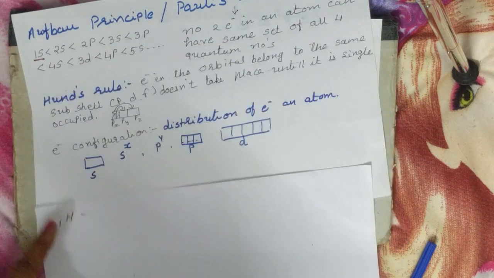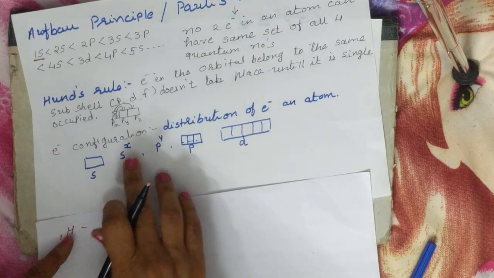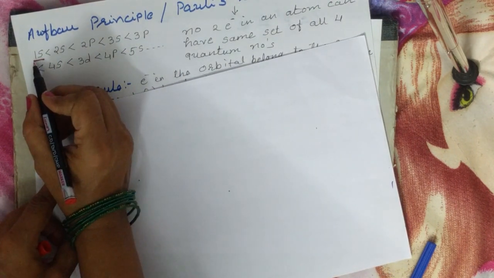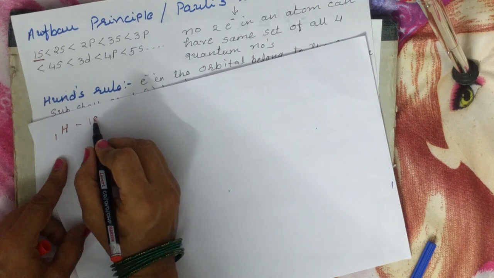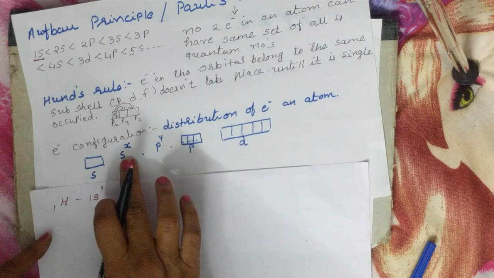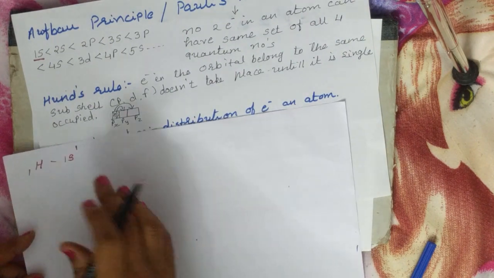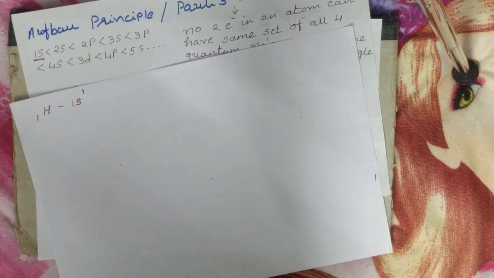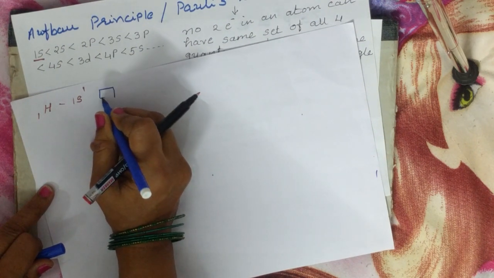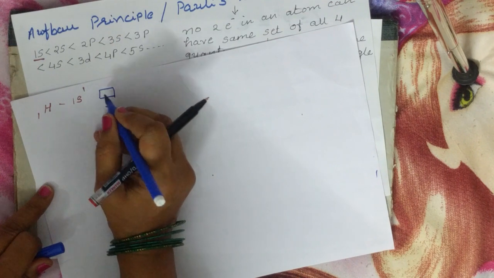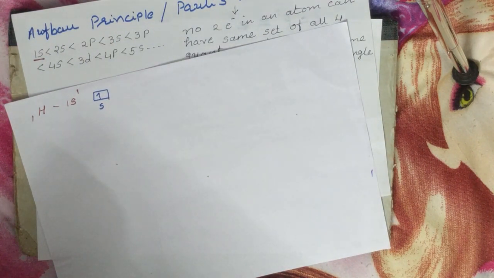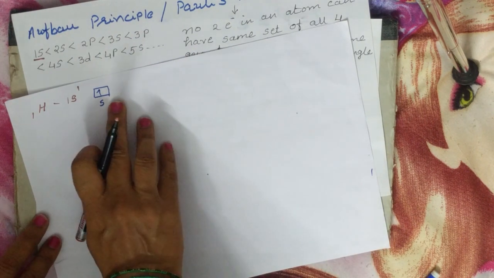For the first notation, S raised to x, here 1 is the principal quantum number and in s you have only one electron, so 1s1. This is the notation. Or for the orbital diagram you can write this S orbital and show only one upward spin for the electron.